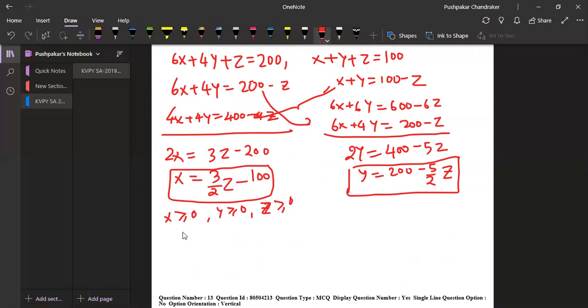So this will give 3 by 2 z minus 100 should be greater than or equal to 0. So that gives z should be greater than or equal to 200 by 3, which comes to be 66 point something. 66, I think. So z should be greater than that.